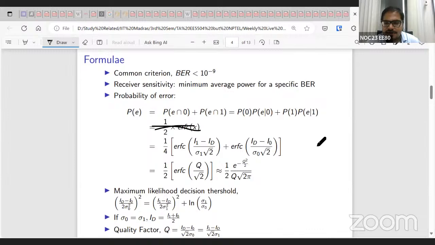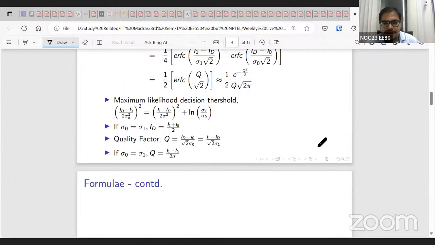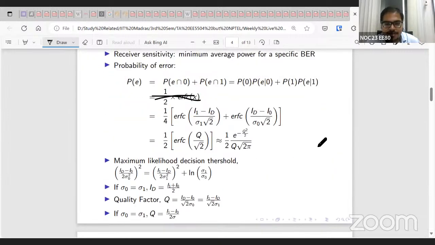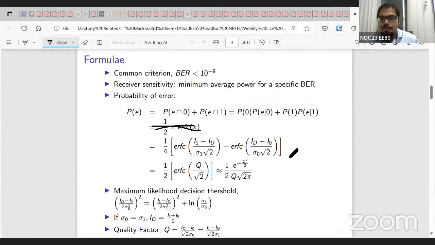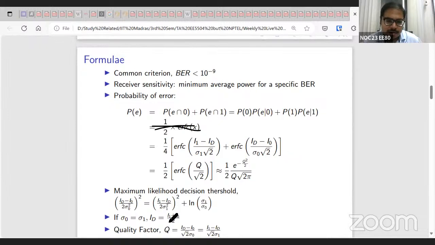So make sure you can fill in the gaps and understand how we are arriving at this formula. That's pretty much it.